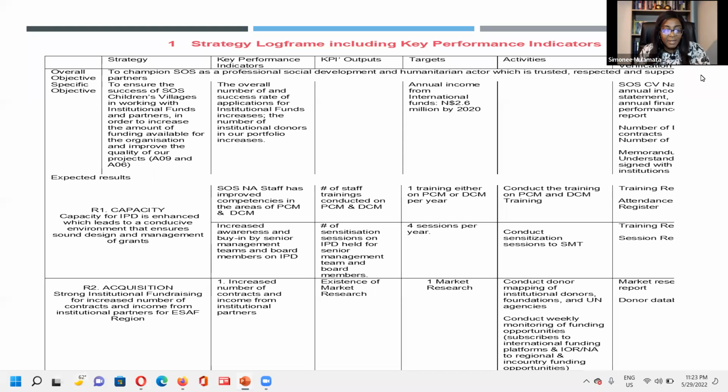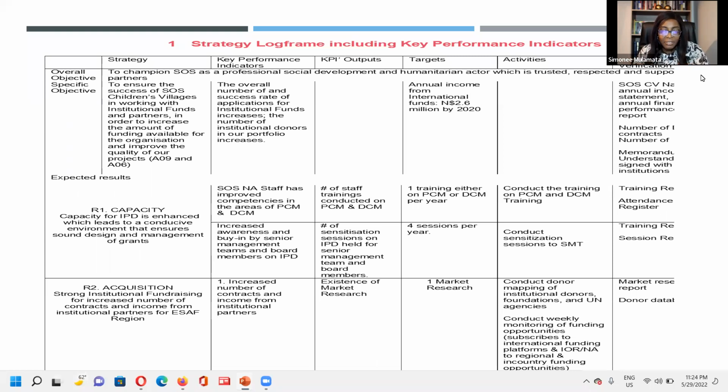And then you have under strategy, your expected results. I've given 2 examples there. And there should be IPD, institutional partnership development. That means it's a log frame for a fundraising strategy. And then you have your key performance indicators. Remember I said performance indicator: the number of and success rate of applications of institutional funds, and the number of institutional donors.